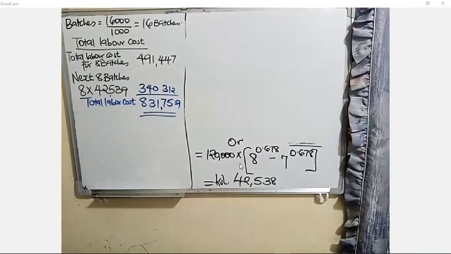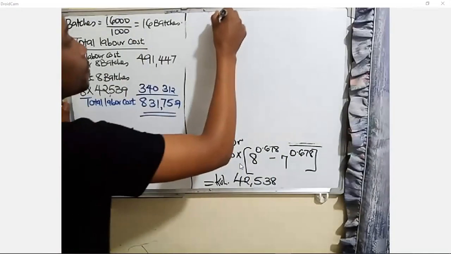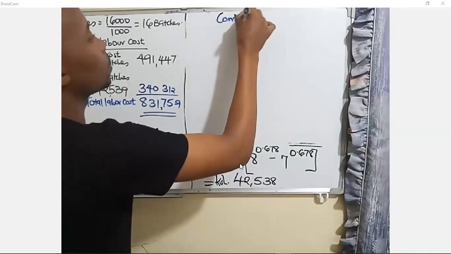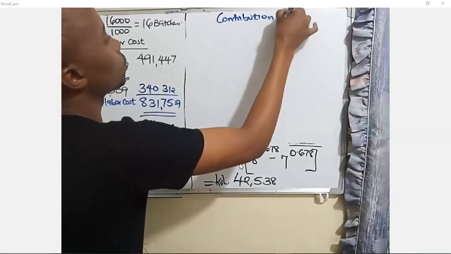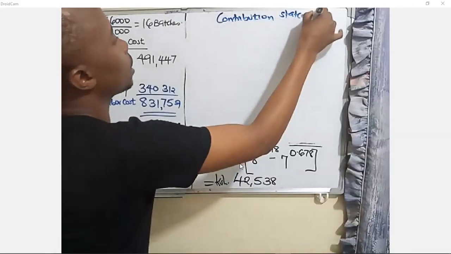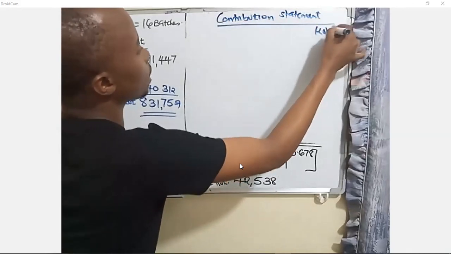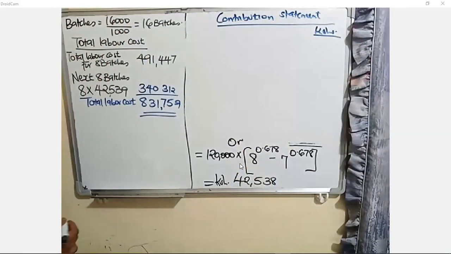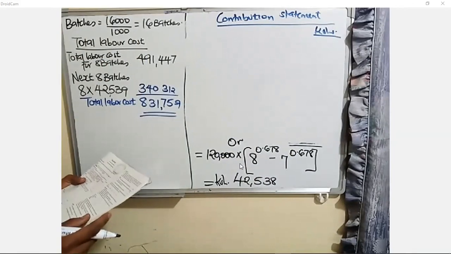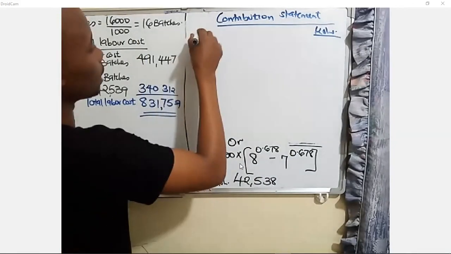So let us come up with a contribution statement, and in this case we are going to have a column of Kenya shillings. How are we going to get the contribution? I'm going to look at the number of units that we are selling. We are told that during its expected life, it is estimated that 16,000 units will be sold. So what are our sales?